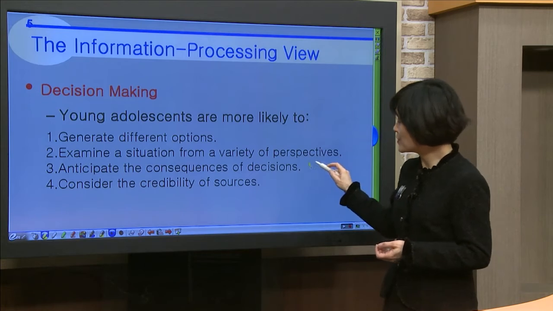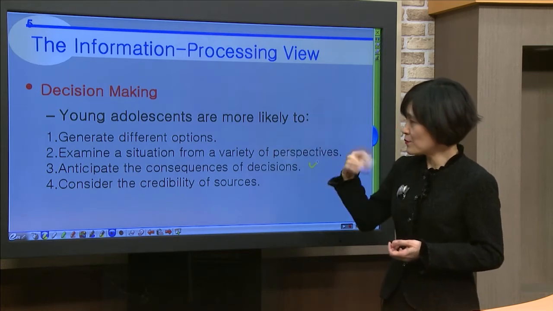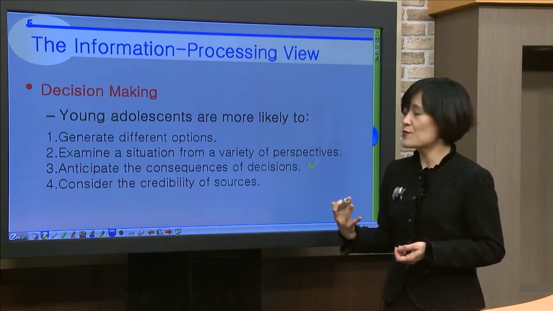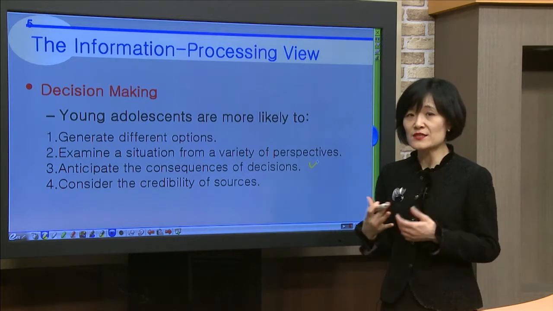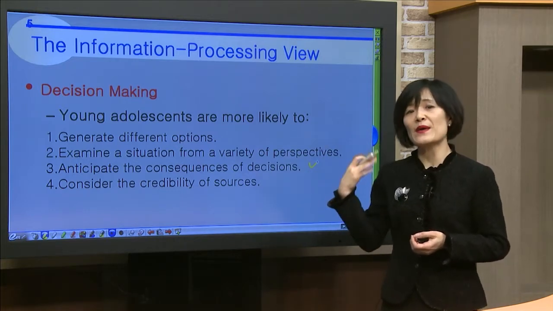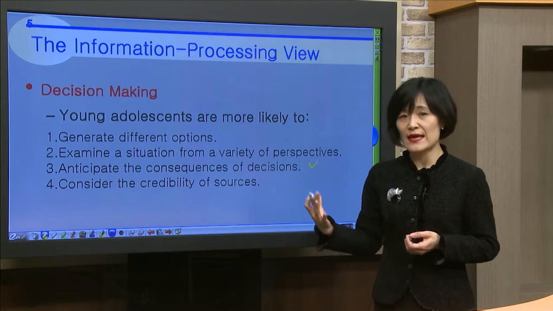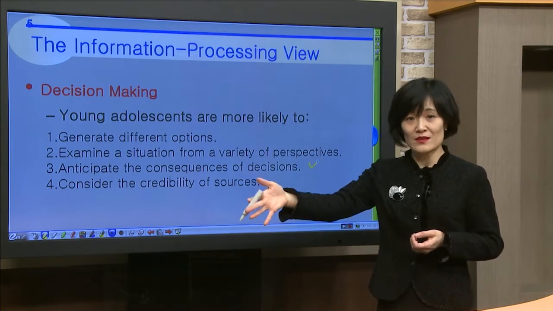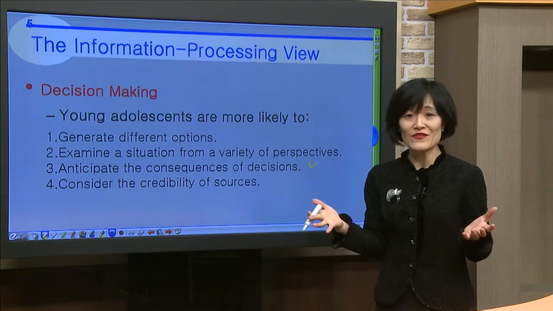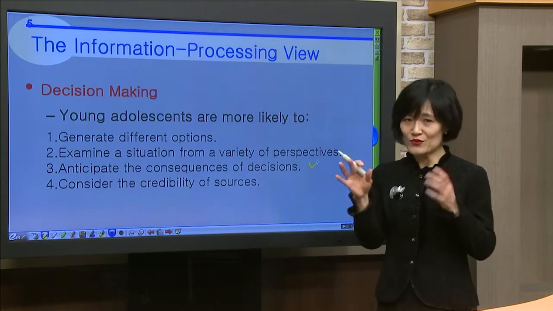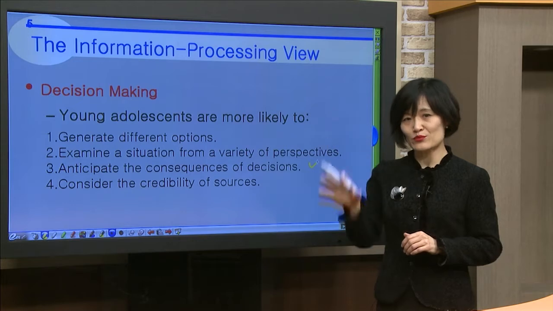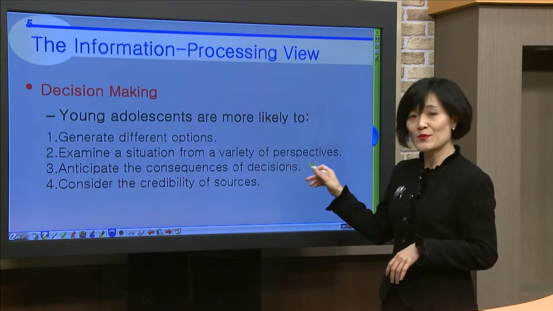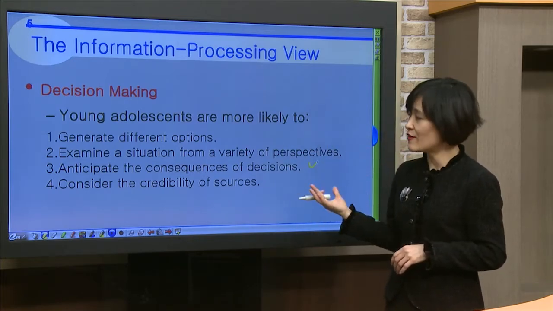So using that ability in the decision making process, we can imagine what's going to happen if I choose these options. If I get married to this person, what is my married life going to be? And you can examine the pros and cons. So those are abilities that young adults can have.